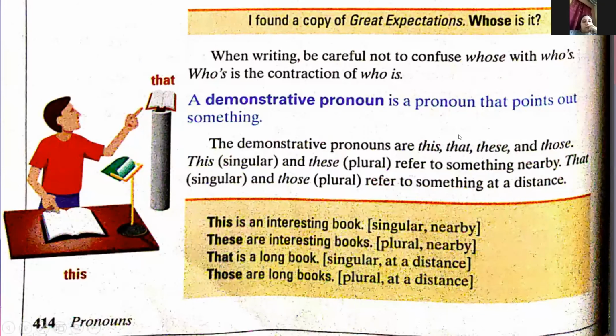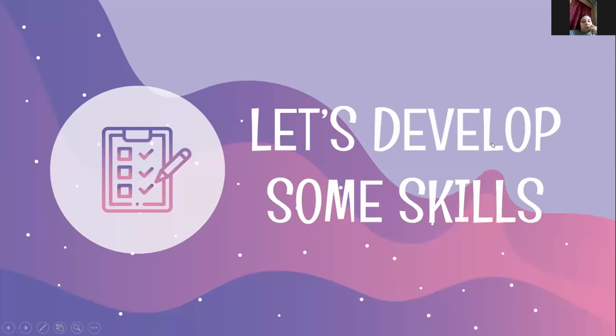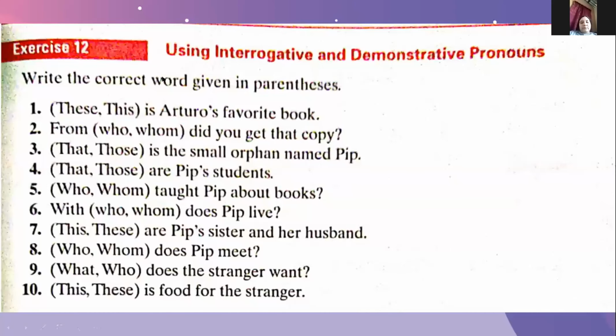All right. So now we're going to develop some skills. That means that we are going to do some exercises. In your book, you have the, I don't know what page. Don't ask me, guys, because I don't know what page this is. Okay, so we are going to write the correct word in parentheses, all right?